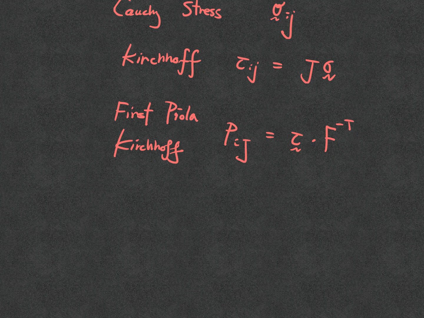Why do I want the minus T this time? This is indirectly related to J times F to the minus T.